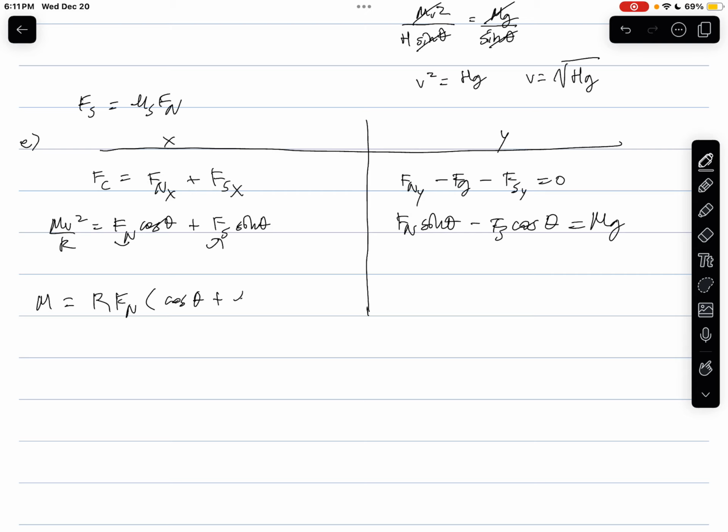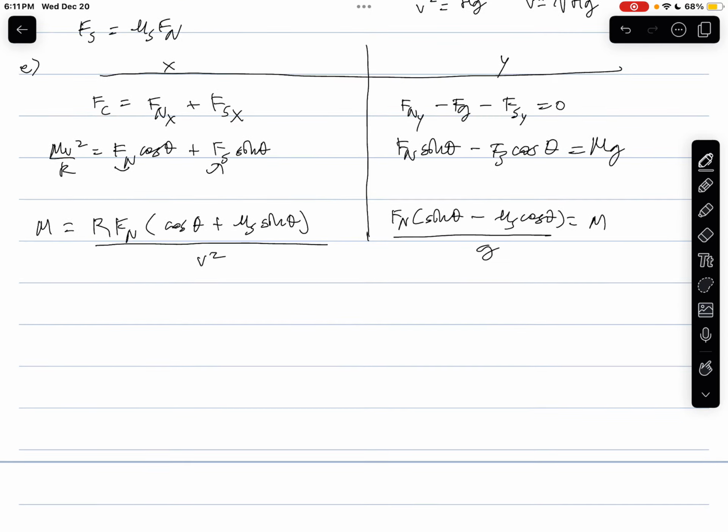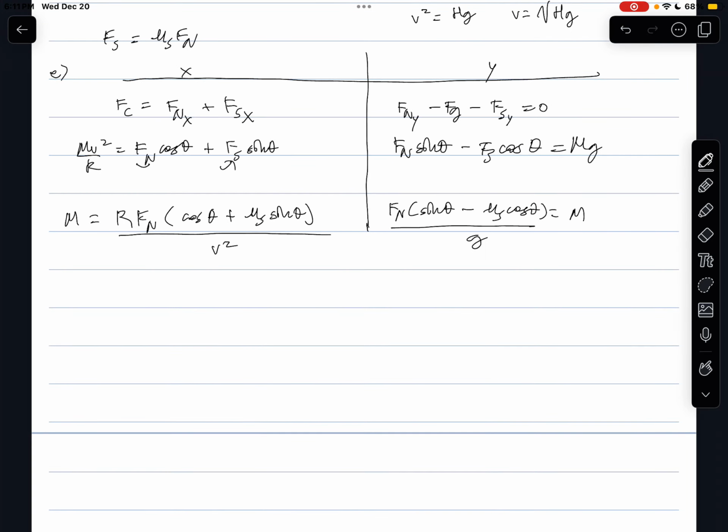And since Fs is equal to mu s times Fn, if I take the Fn out, there's going to be mu s and sine of theta, all of that over v squared. And same with this side, I know Fs has Fn in it, so I can just take it out. So then sine of theta minus mu s cosine of theta over g equals m. And now I just set both sides equal to each other.